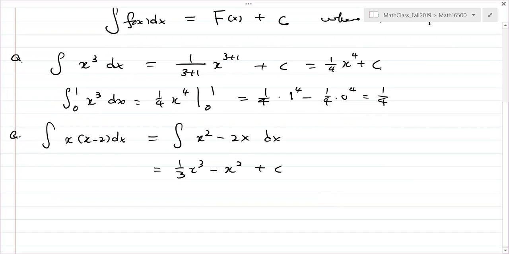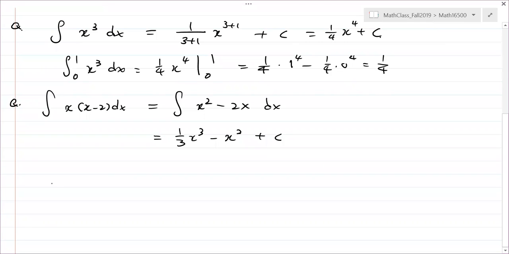For example, consider the graph y equals x times x minus 2, beginning at 0 and ending at 2.